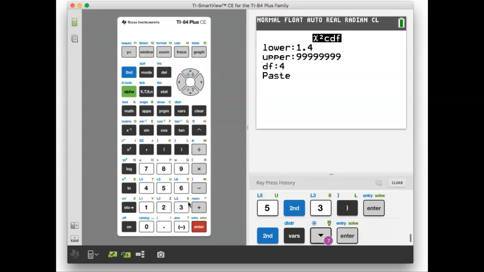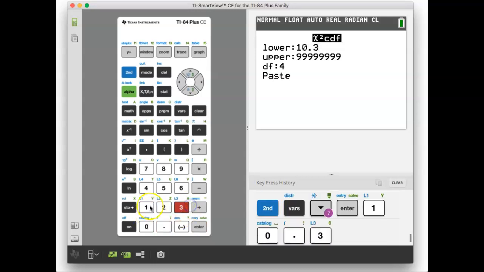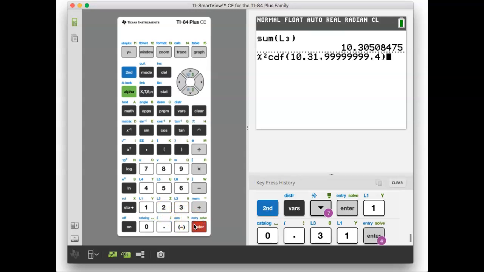All right, so for us, let's go ahead and do 10.31. Upper 99999, degrees of freedom 4. And then this should give us back our p-value. P equals 0.036. Wow.